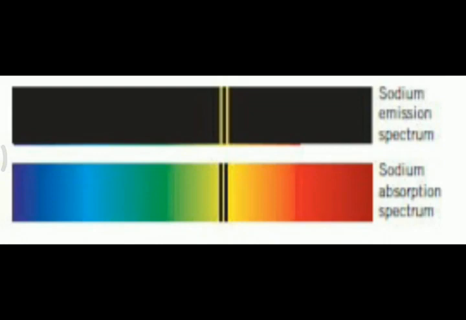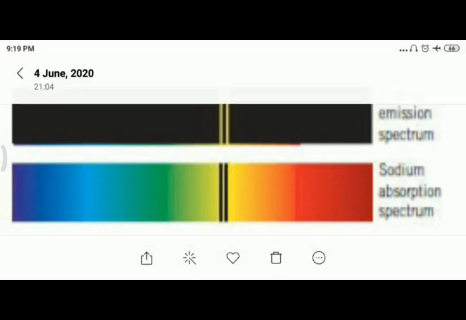You can see the background at the yellow region, two dark lines, two black lines are formed. That means the emission spectrum of sodium and absorption spectrum of sodium are formed at the same region. The difference is the emission spectrum is formed on a dark photographic plate with bright lines, and absorption spectrum is formed with dark lines on a bright photographic plate.